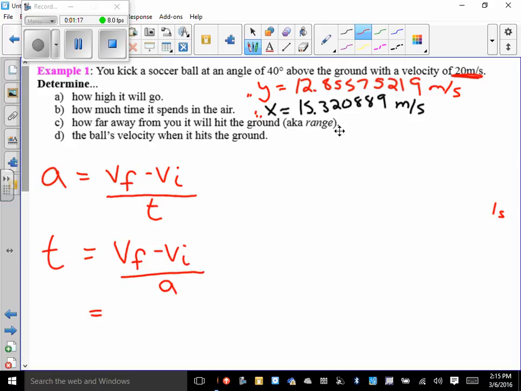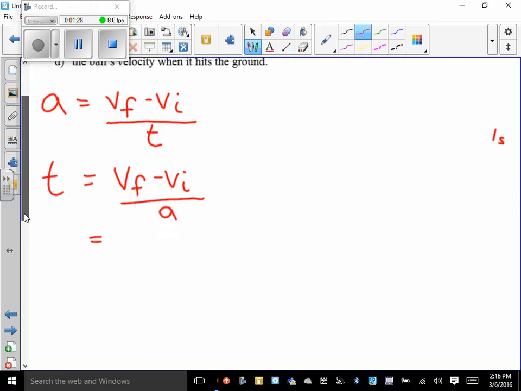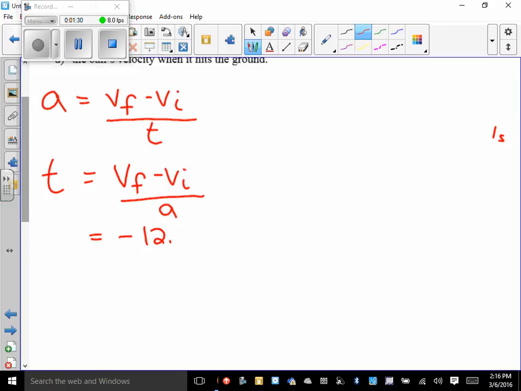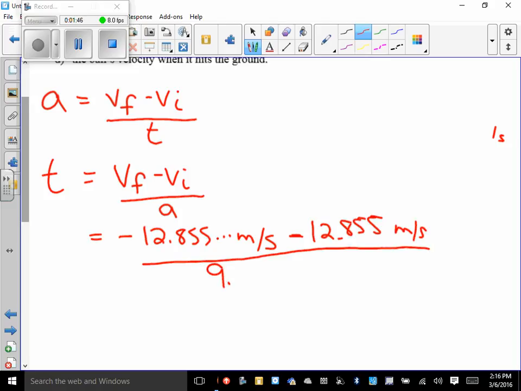My final velocity, thinking vertical, is going to be negative 12.855 and all that change meters per second. Then I subtract my initial velocity of 12.855 and all that change, over my acceleration, which is negative 9.80 meters per second squared.